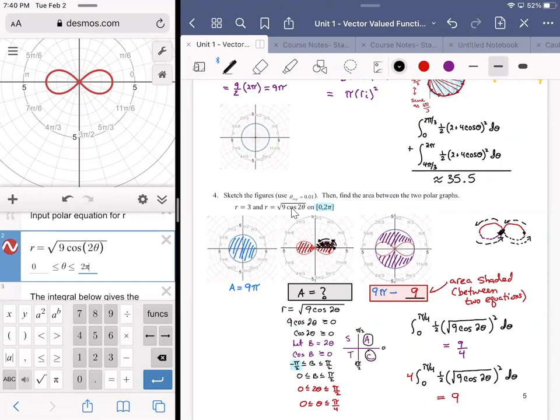Because if you think about rectangular coordinates, you had parts of the graph that were above the horizontal axis and parts that were below. If any part of the graph was above the x-axis, its area was a positive measure. If it was below the x-axis, its area would be a negative measure.